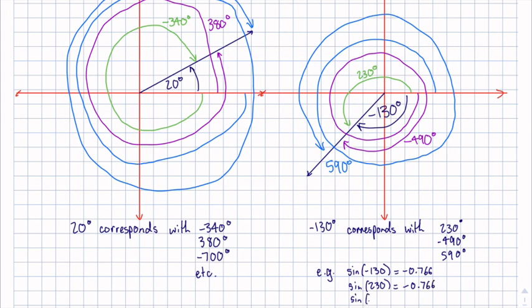Sine of negative 490, this is where I discovered I didn't know. Negative 0.766. Sine of 590, negative 0.766, etc. You could literally keep going. It just means these angles all correspond with each other because they're all ending up at the same ray.